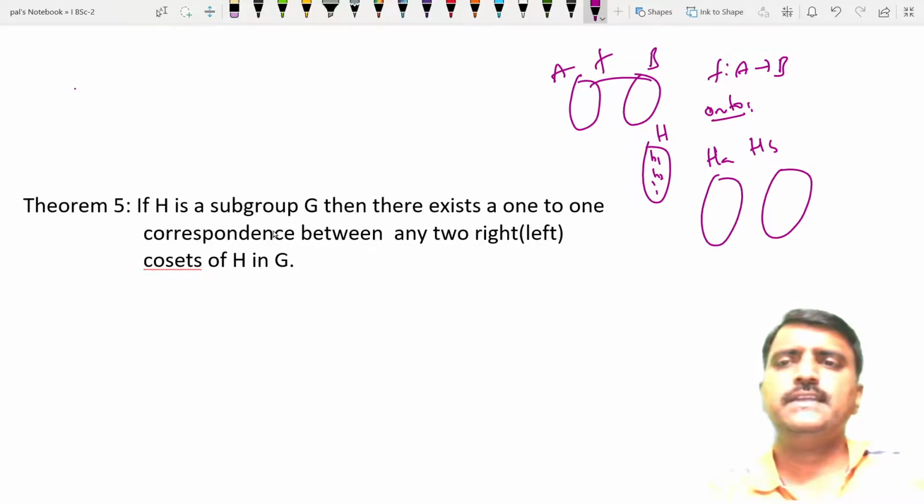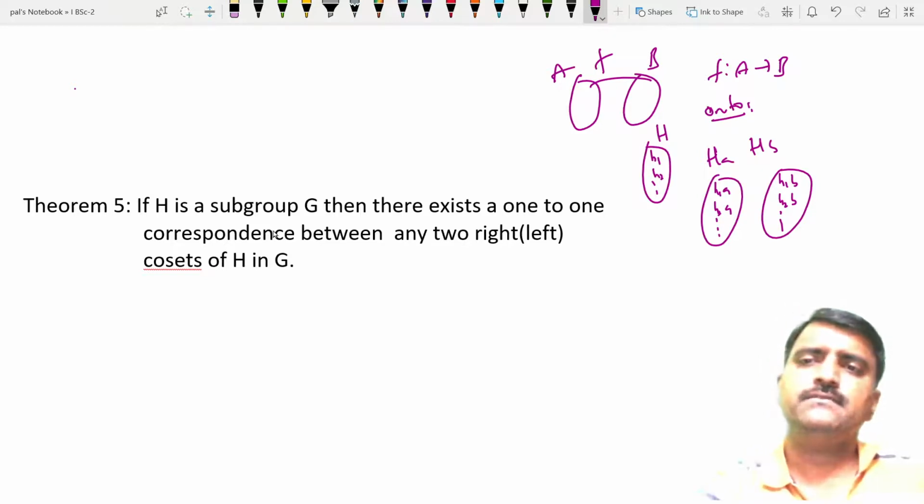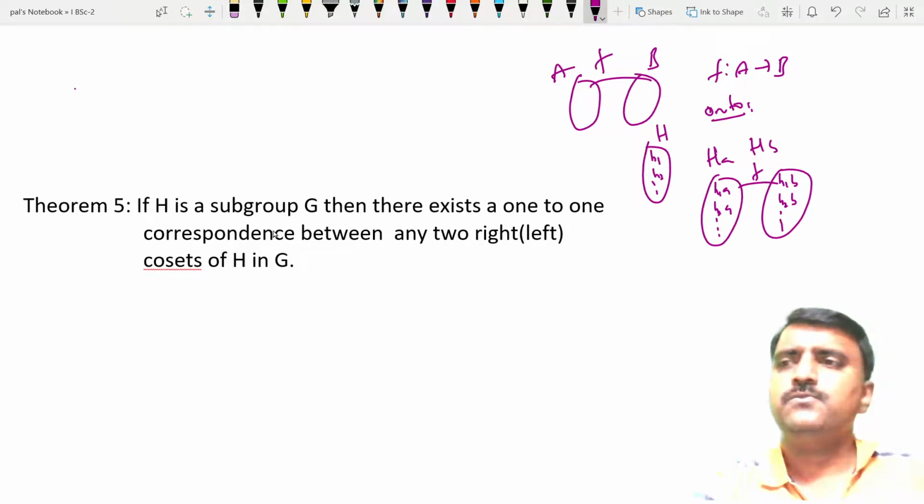Then HA contains H1A, H2A, and so on. HB contains H1B, H2B and so on. Okay, suppose we define a function between the two. Now we have to show that there is a 1-to-1 correspondence between these two sets.